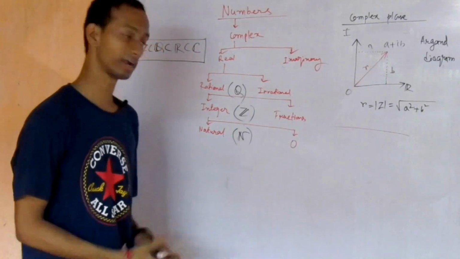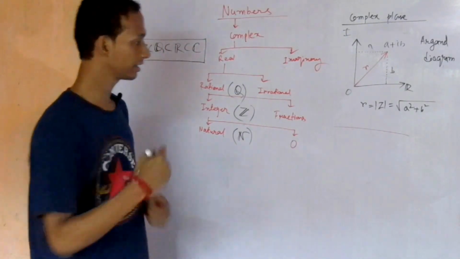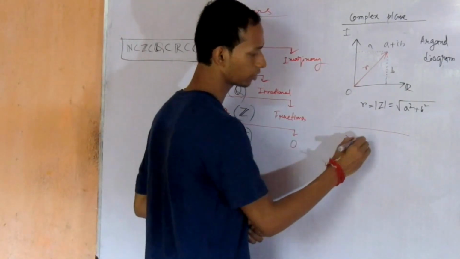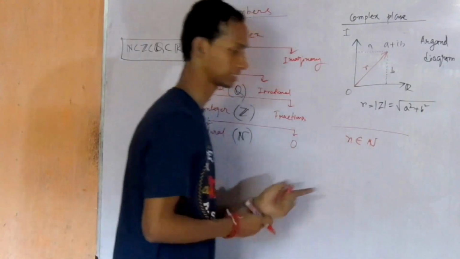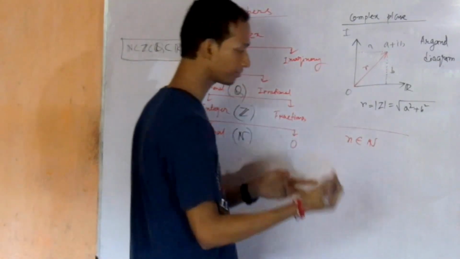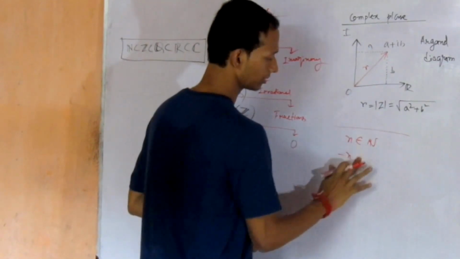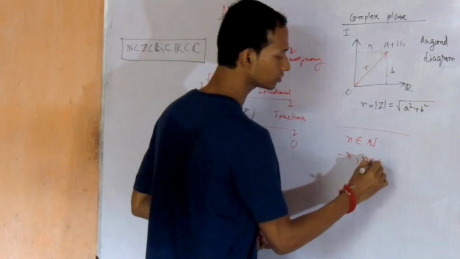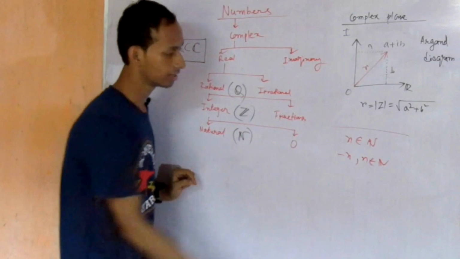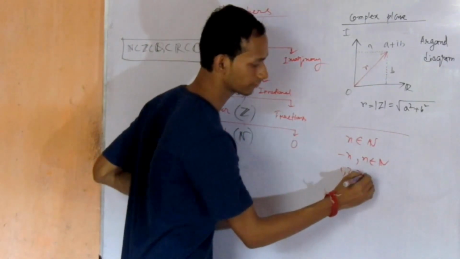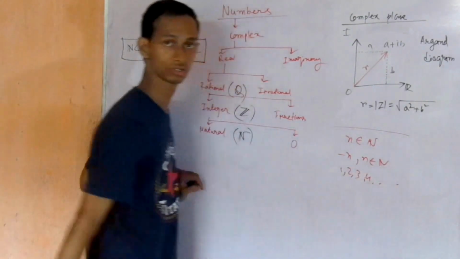Let's get started. The natural numbers are denoted by N, the set of natural numbers, that is 1, 2, 3, 4, and so on.